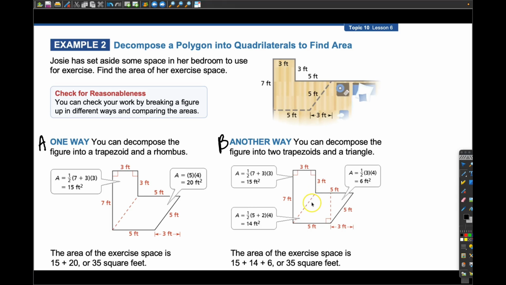And when I say working smarter, not harder, that doesn't mean no work at all. You show your work no matter what. But if you can do less work, take it. So we split a line right down the middle. We create a trapezoid and we create a rhombus because all the sides are the same. Okay?